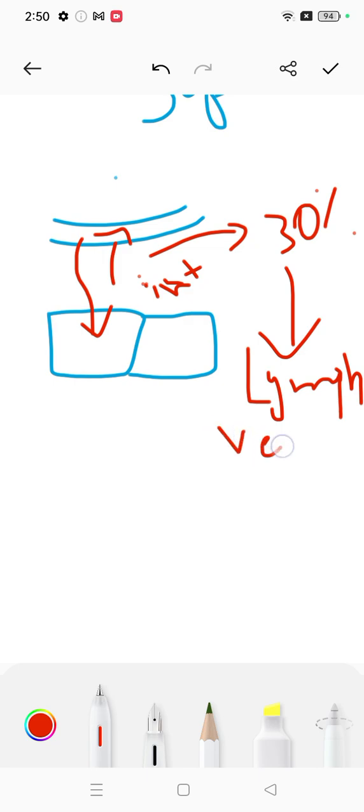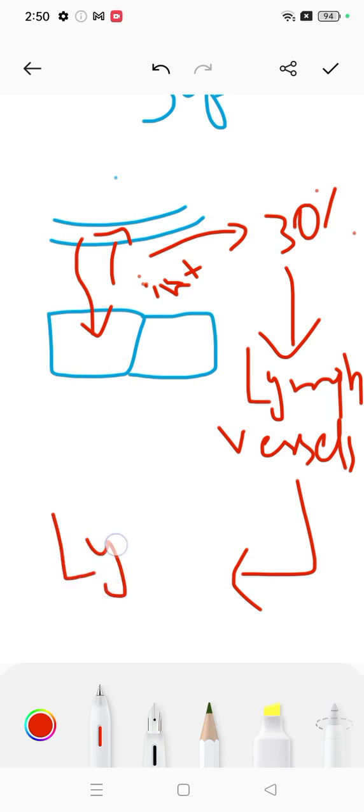Once it goes into the lymph vessels, we call the remaining interstitial fluid lymph. That's why the names are similar. It is called the lymphatic system because this lymph is carried in it.